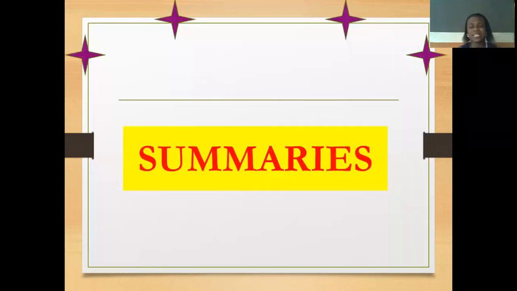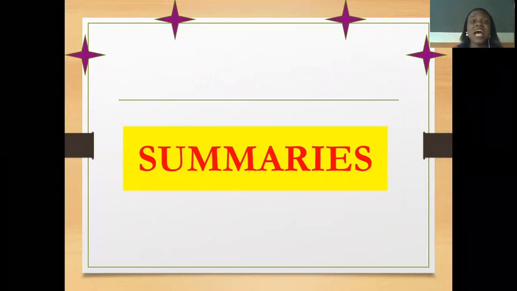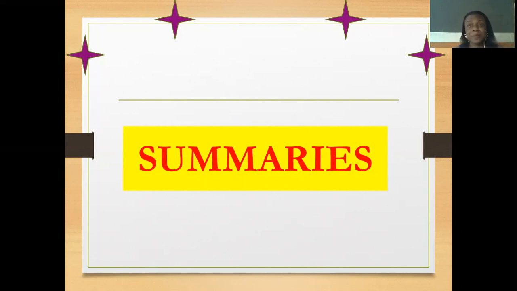All right, so let's quickly take a summary of everything that we have looked at. We started with a review of what we did, and then we talked about conjugate surds, which are surds that you multiply together and they give you a rational number. If you're asked to find them, all you need to do is change the sign. Then we moved on and talked about rationalizing the denominator.